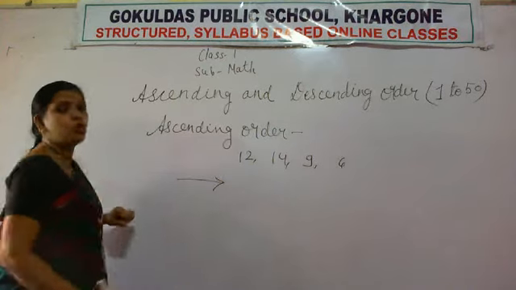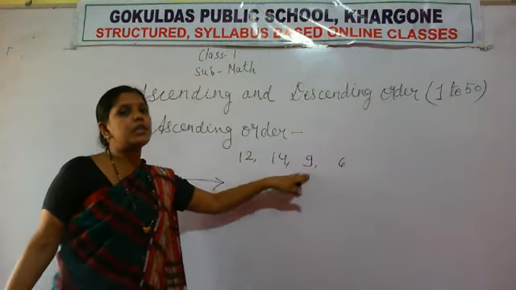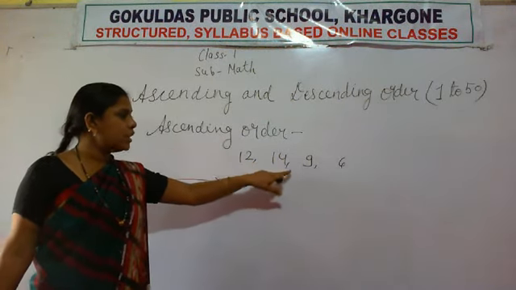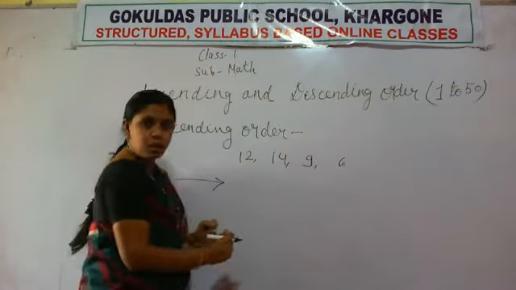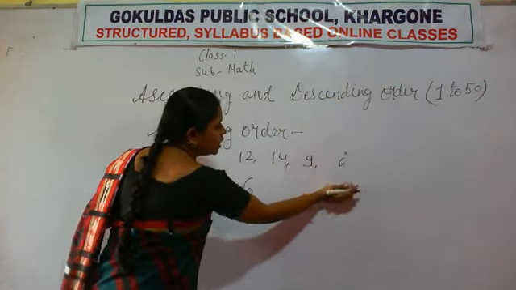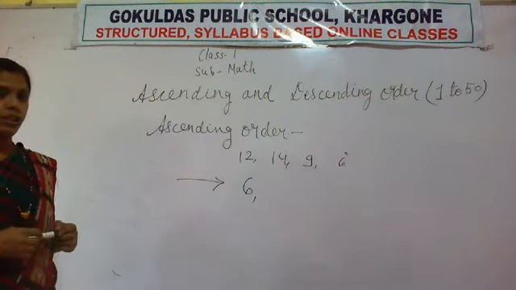Among these four numbers, which number is the smallest? 12, 14, 9 and 6. Which is the smallest number? 6 is the smallest number. So first write 6, and put a small cross here that we have written 6. Now the next smallest number.